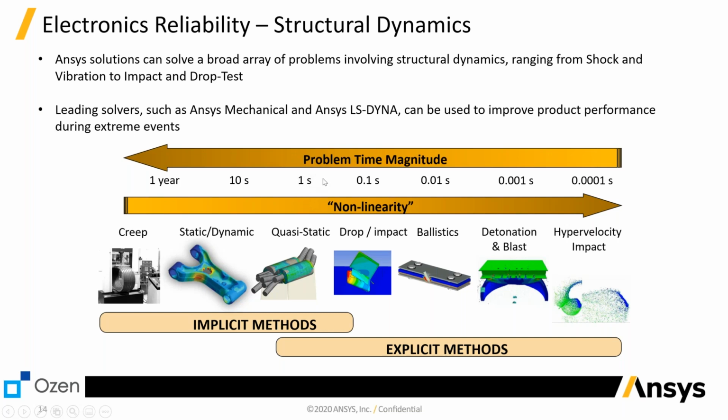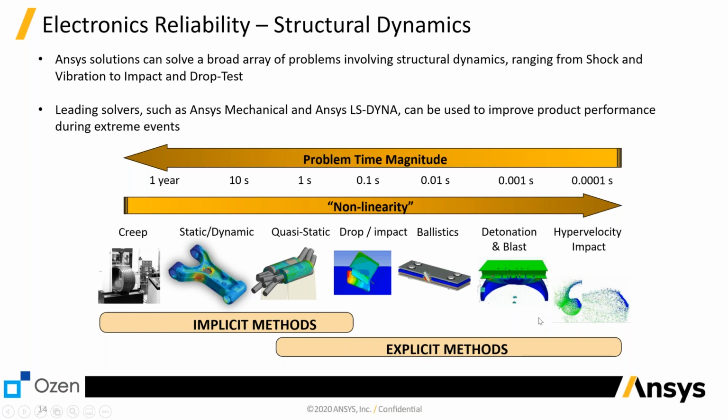We are talking about an event that's happening over a second. Then you can use ANSYS implicit methods or ANSYS explicit methods to do the same phenomena. ANSYS Mechanical is an implicit solver. ANSYS Explicit Dynamics or ANSYS Autodyne is an explicit solver.